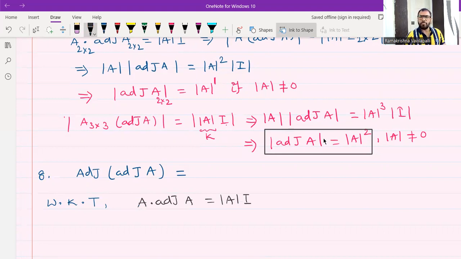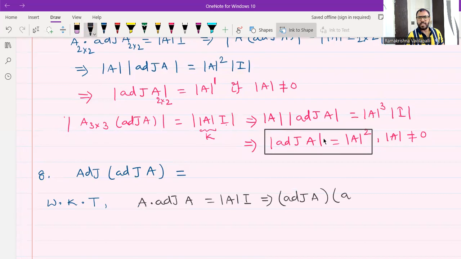So this is the parental concept, this is the parental concept to understand the further things. Remaining derivations, you can say simply like derivations. So this implies, now in place of A, you write adjoint of A.